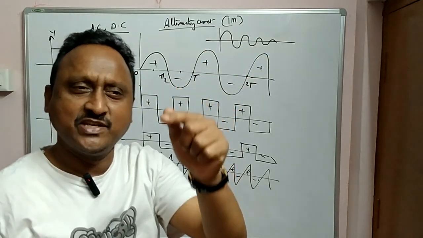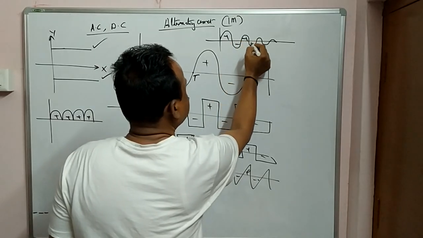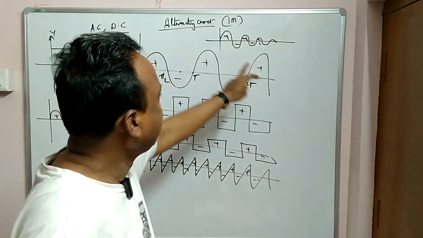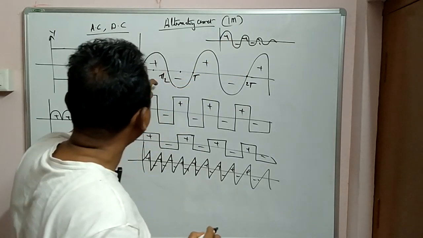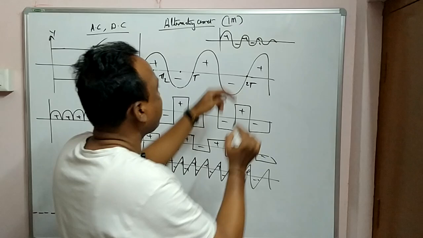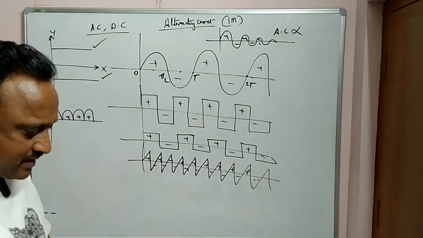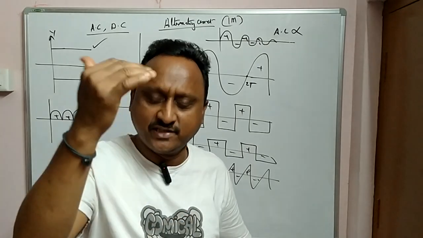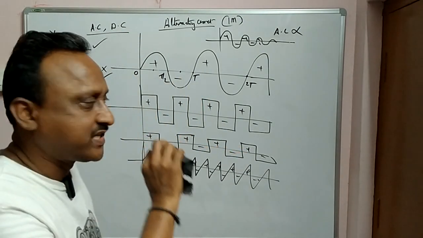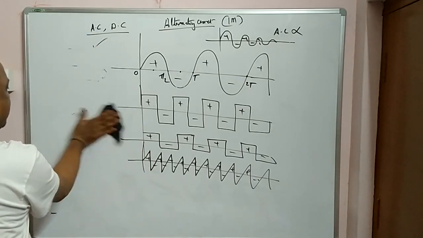You may think it is plus and minus, but it is not alternating current, because the amplitude is decreasing continuously. Amplitude should remain constant, plus minus. So this is not an AC. Periodically, if there is increase or decrease in the current, that is called alternating current. If it is not changing the direction, it is called direct current.